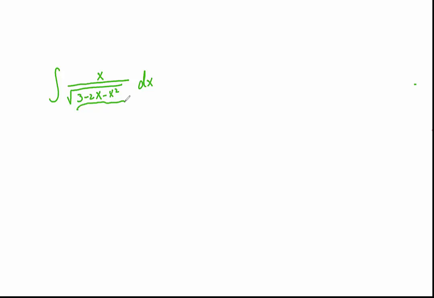No matter what, when I look at this problem, the first thing I'm going to do is try the U prime method. So my U will be the base of 3 minus 2x minus x squared. We're going to take the derivative of that, which is negative 2, negative 2x.